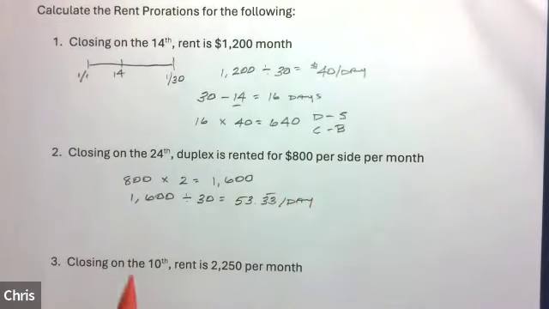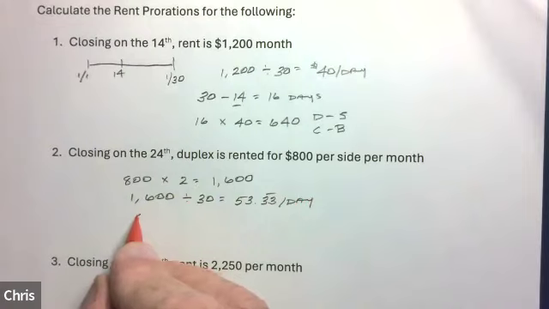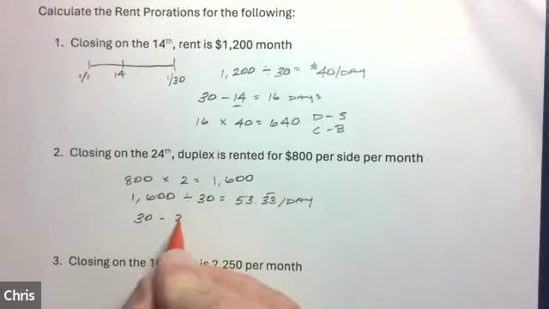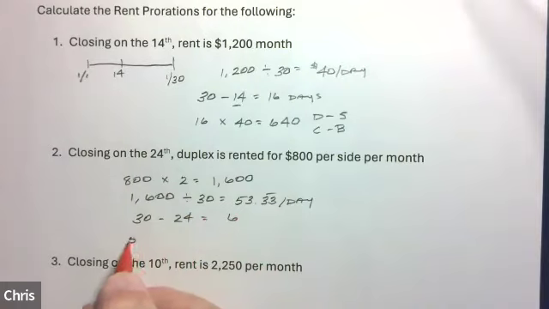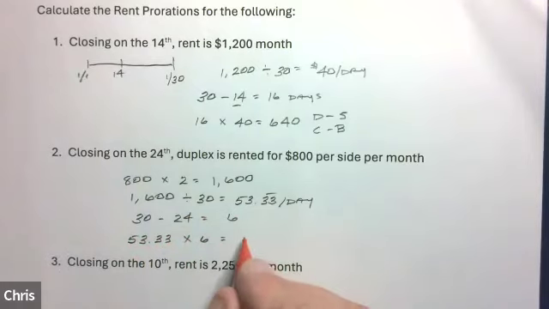And then we say, well, how many days does the buyer get? Well, the buyer is going to own the days after the 24th. And there are 6 days after the 24th. So buyer, you're entitled to 6 days at $53.33 per day. I have that comes out to $320.